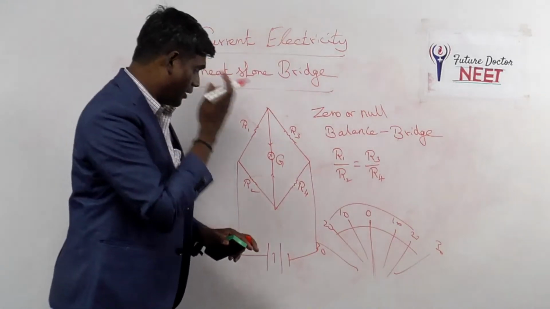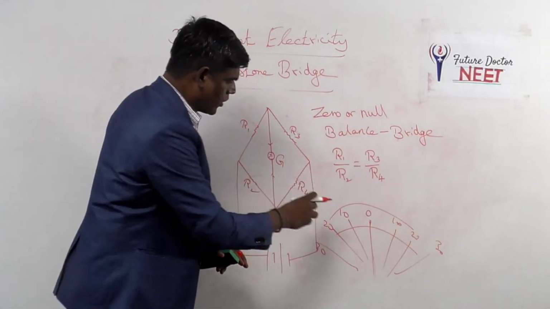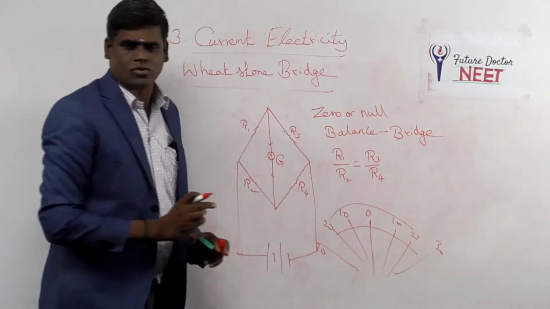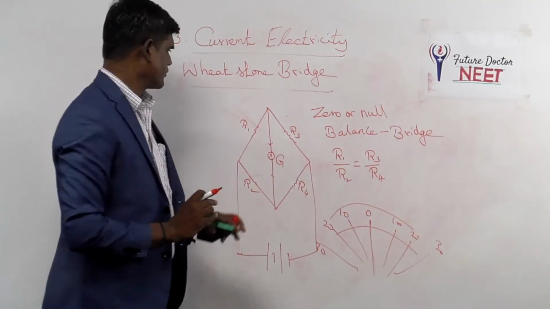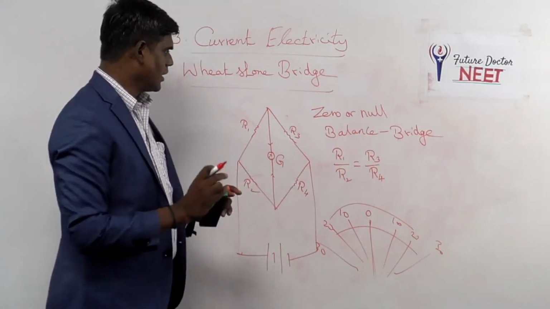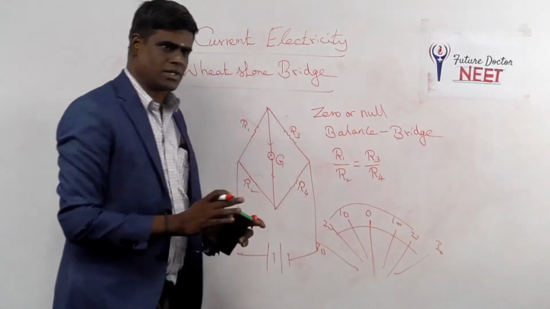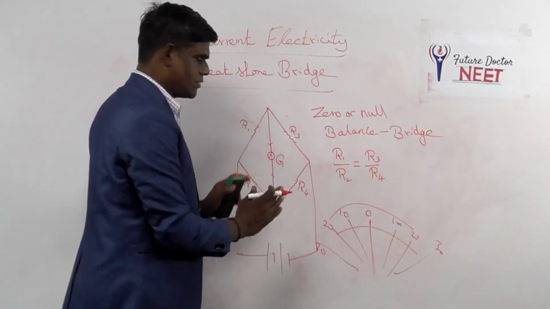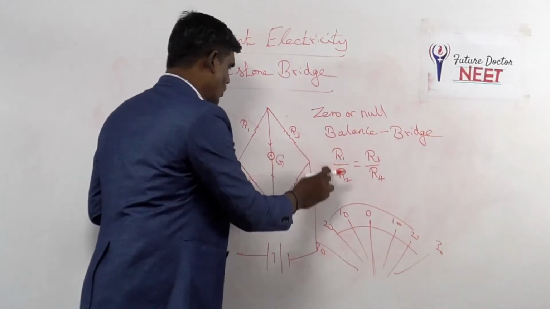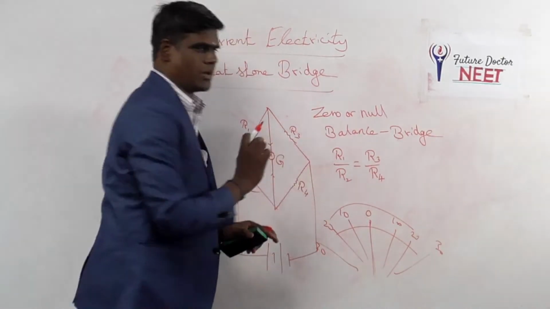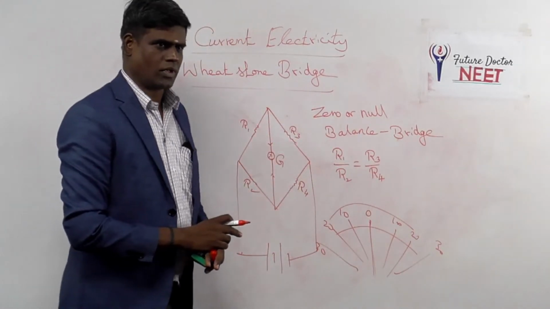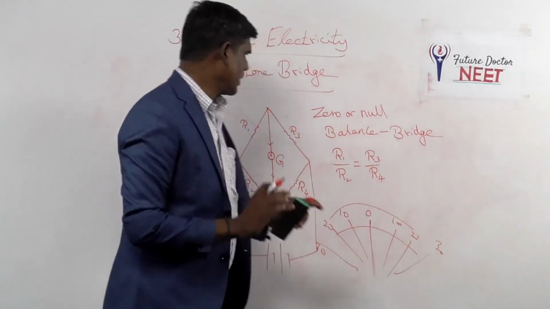Okay. And we have to adjust using the rheostat such that it shows zero deflection or null deflection. Then during null deflection, the bridge will be balanced. Then R1 by R2 equal to R3 by R4.